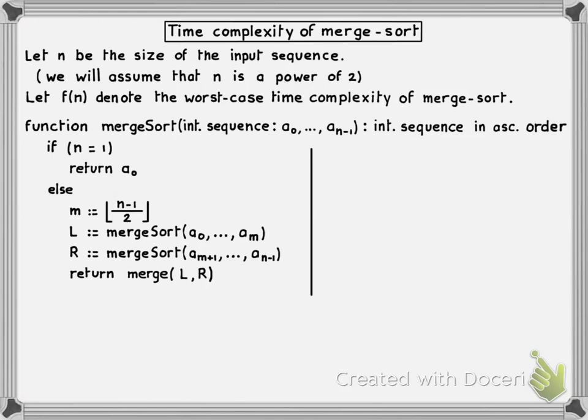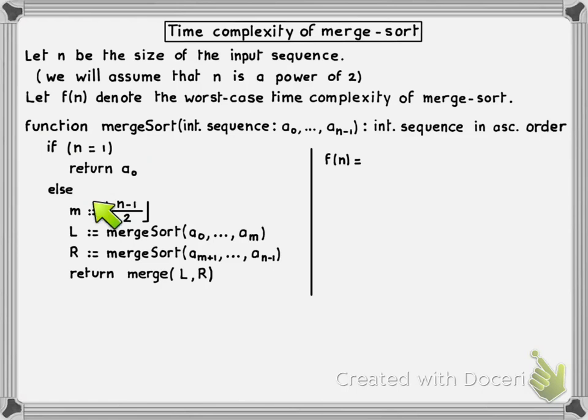So let's look for an expression for the runtime of merge sort, which remember we denote by f of n. Notice if n is equal to 1, the runtime is trivial, it's just constant time to do this part. So let's just ignore this part completely and focus on the case where n is greater than 1.